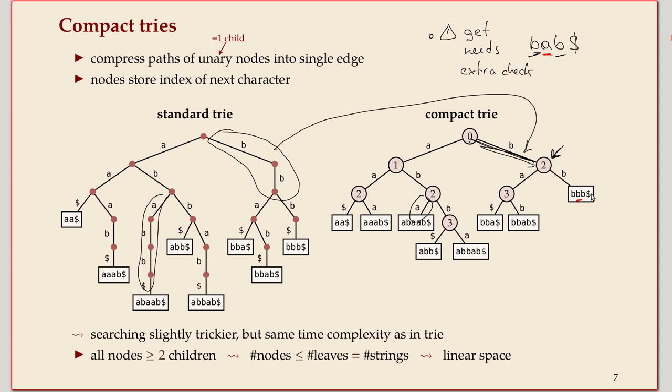Now, one remark before I'll let you go. What we buy by using this more complicated structure is that all the nodes have more than 2 children. If they hadn't, we wouldn't have kept them. They would have been part of a unary path. And that means the number of nodes is at most the number of leaves, because we always combine 2 things. So if you want to count, every node has at least 2 slots towards downwards, and it consumes one slot upwards.